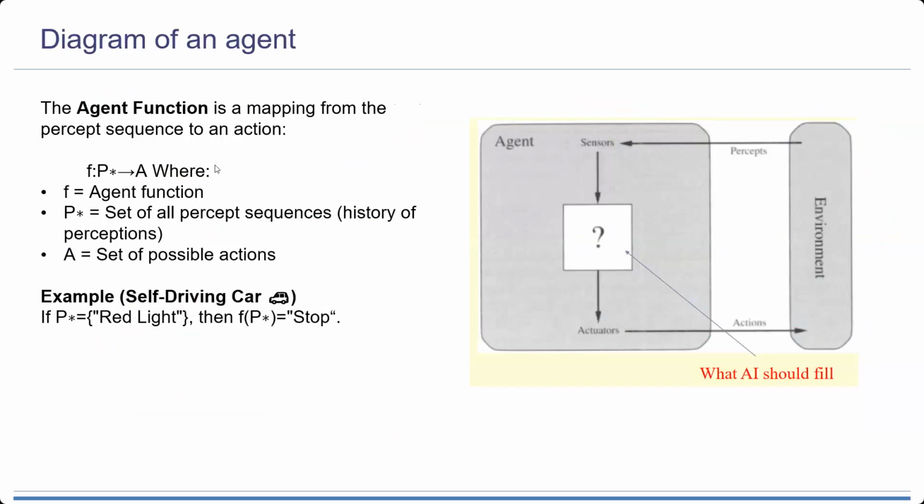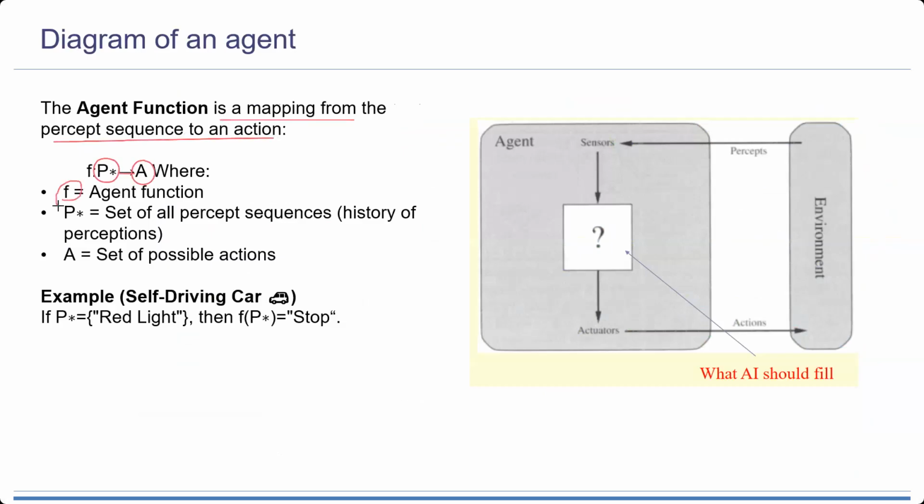We can also make the definition of the agent function. The agent function is a mapping from the percept sequence to an action. If I have a percept sequence, I can define what the possible actions are.